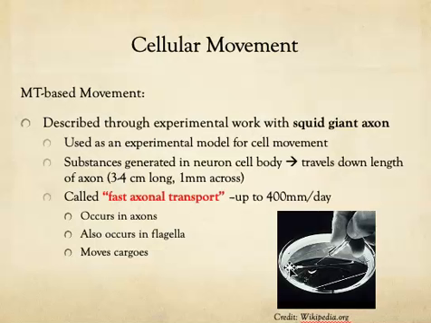Essentially, what happens is that substances get generated up in the cell body of a neuron, including things like neurotransmitters. And then those substances get packaged into vesicles, as we've talked about. And the vesicles then have to be sent all the way down the axon to the terminal portion of the axon where it's going to synapse with the next structure.